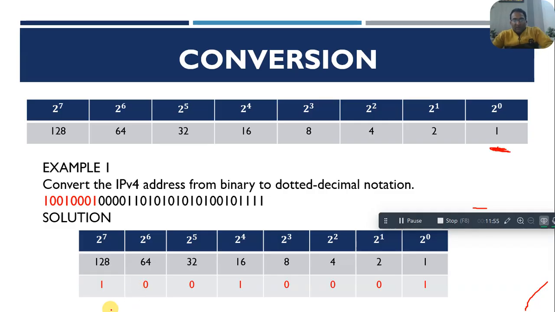Now how do we convert this? Wherever there is a binary bit, we multiply it with its power.